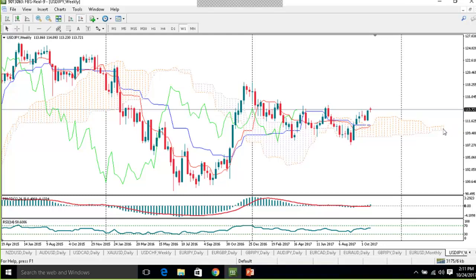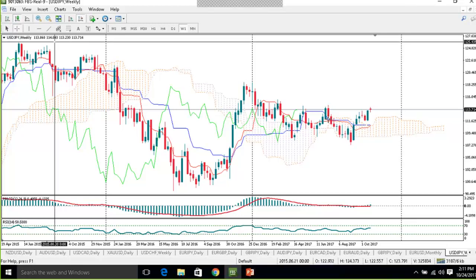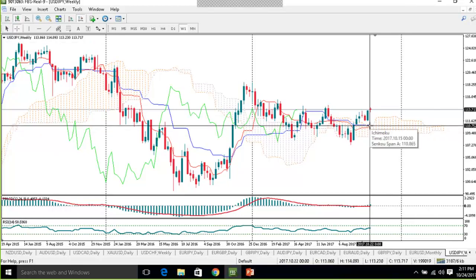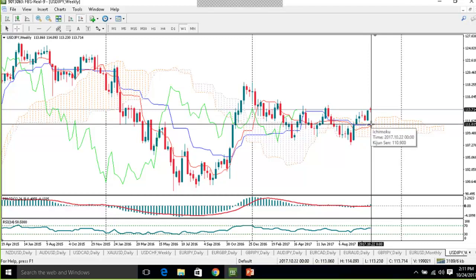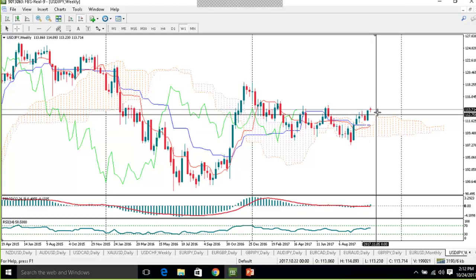The bulls at the current state, the current size of the Ichimoku cloud is not big, so the bulls don't look very powerful. They are certainly in control of this market, and the support provided by the Ichimoku cloud currently at the levels of 111 looks very strong.